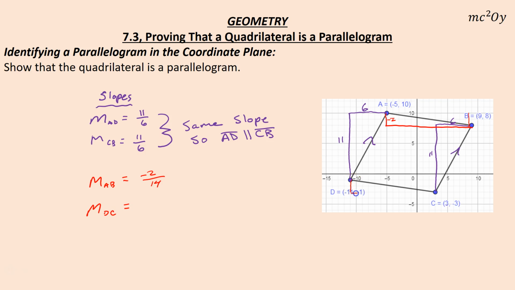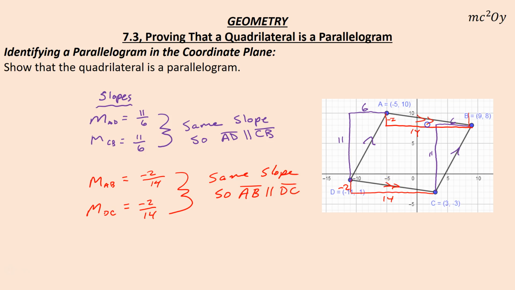I go down 2, and it looks like I'm going from -11 to 3, which is also +14. So once again, same slope. So AB is parallel to DC.